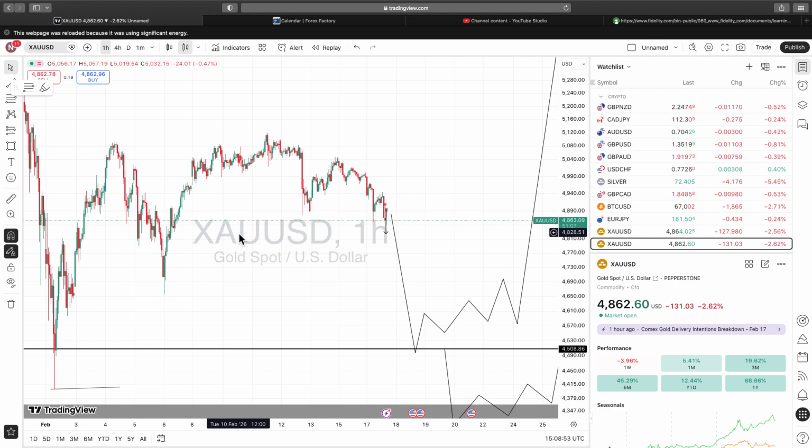Without alignment on those time frames, that top-down analysis is invalid. And remember, the higher the time frame, the stronger the setup. That is something you have to know. Because once you catch the trend of a market, you're good to go. That is the best thing that can ever happen to you in this forex industry.